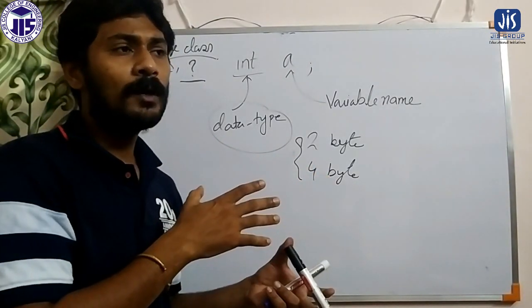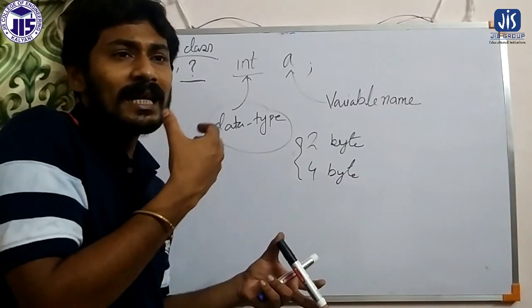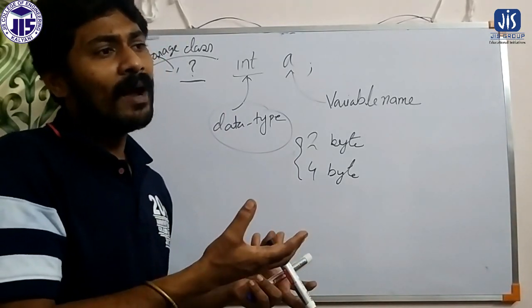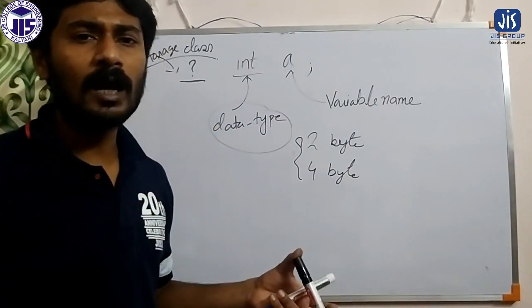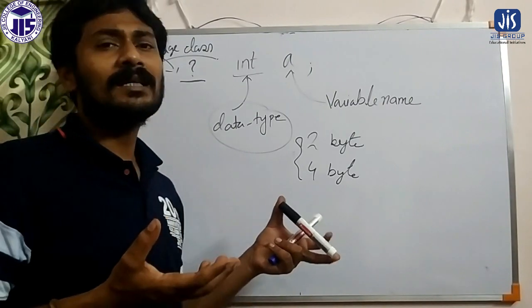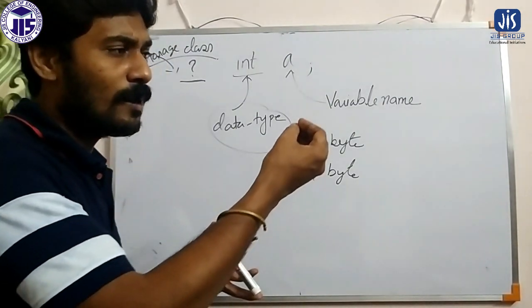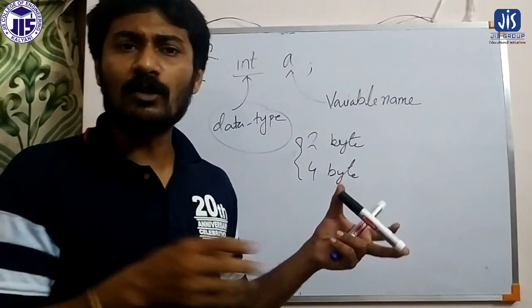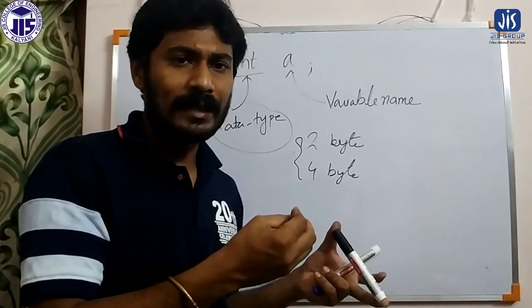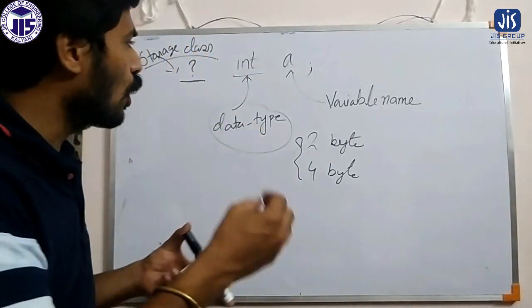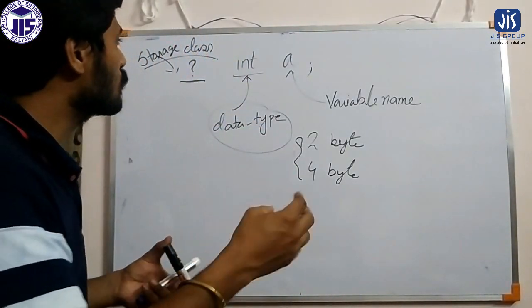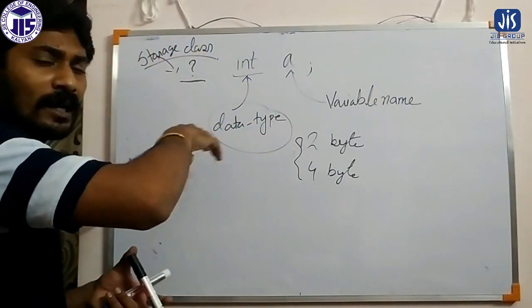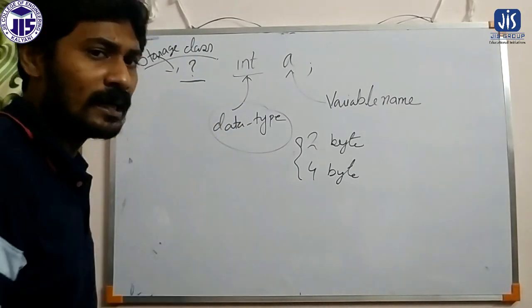Number two, once I declare a variable, will the variable be alive throughout the program? If I declare a variable in a part of a program, can I access the variable from anywhere in the program? The answers to these questions are in the storage class. If we analyze the storage class, from there we will get the answer.